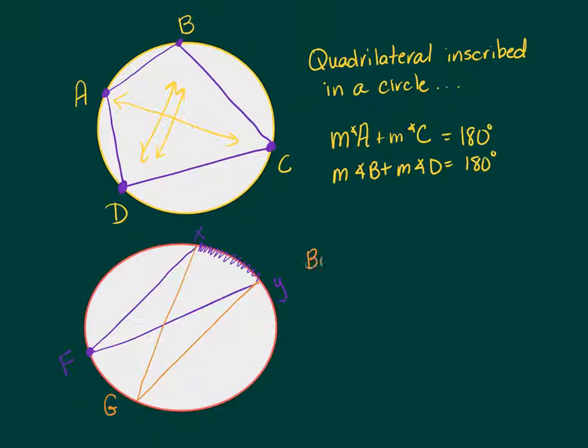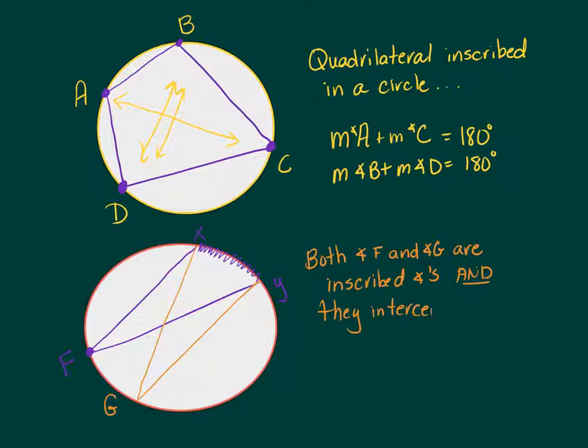Since both angle F and angle G are inscribed angles, and they intercept the same arc, then those two angles must be equal to each other.